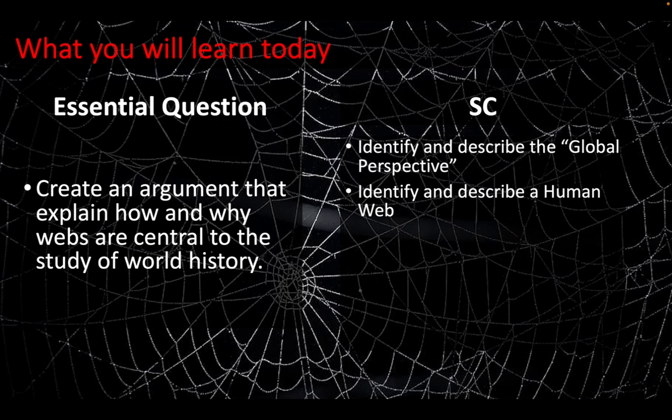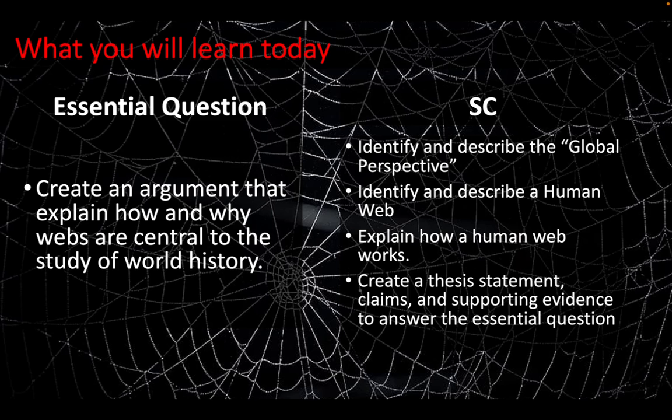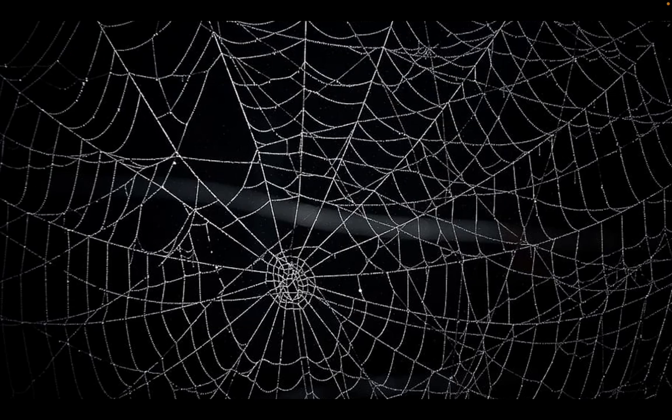From your reading and our later discussion in the second video, we're going to be able to identify and describe what a human web is and how a human web works. And ultimately, by doing this assignment, you're going to be able to create a thesis statement, a set of claims, and supporting evidence to answer that essential question, creating an argument that explains how and why webs are central to world history.